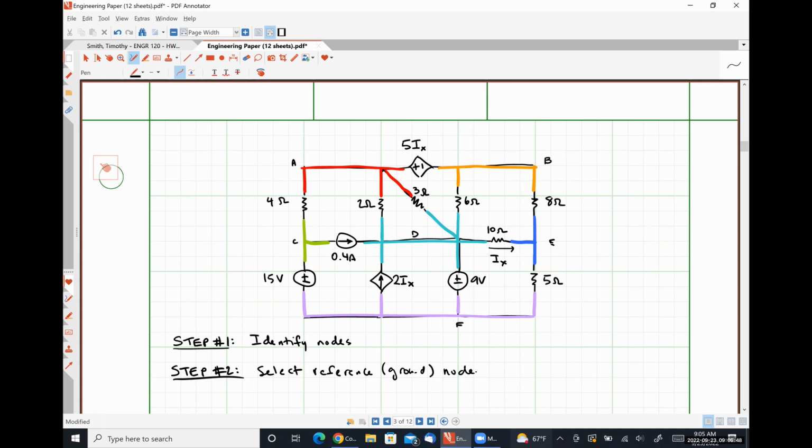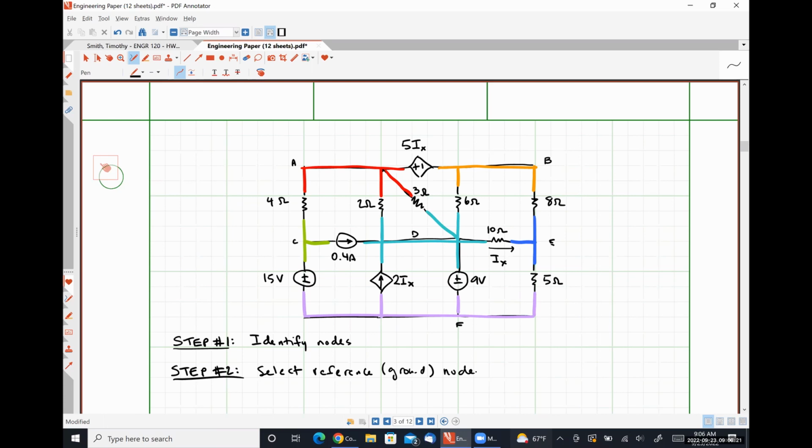And before, I had said that whenever you have only current sources in your system, your best choice is to select the node that touches the most elements. When we have voltage sources in the mix, our best choice for the ease of math is to select the node that touches the most voltage sources.